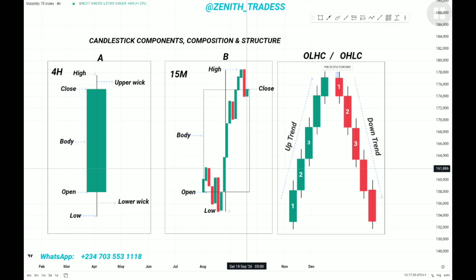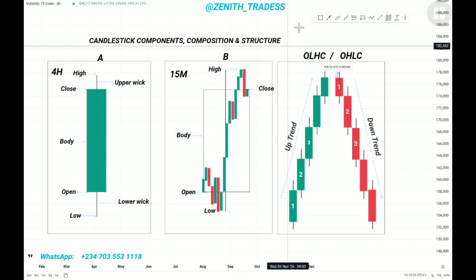Exactly 4 hours. 1 monthly candle contains 4 weekly candles, and at the same time that monthly candle contains 30 daily candles. We need the knowledge of composition because it's going to help us when it comes to top-down analysis, or multi-time frame analysis. When it comes to multi-time frame analysis, we need the knowledge of the composition.